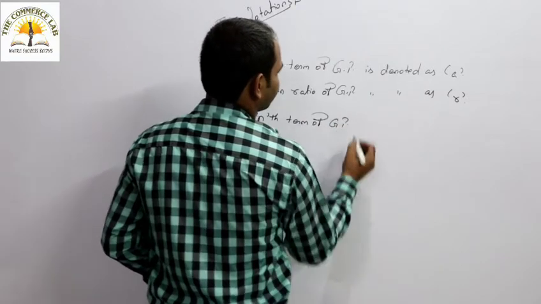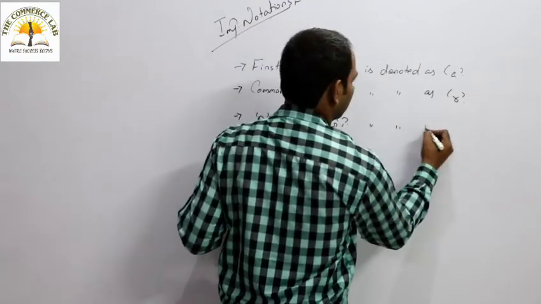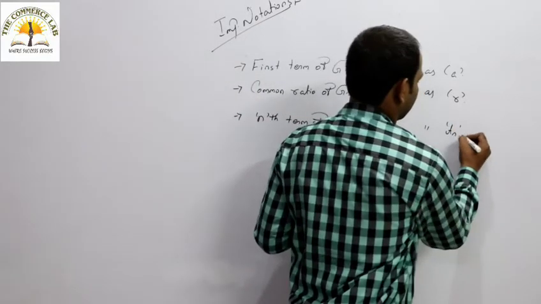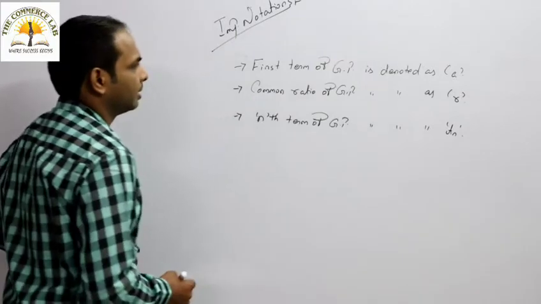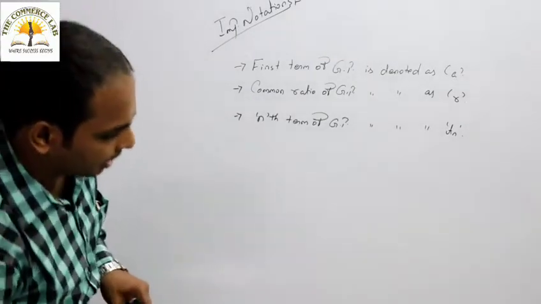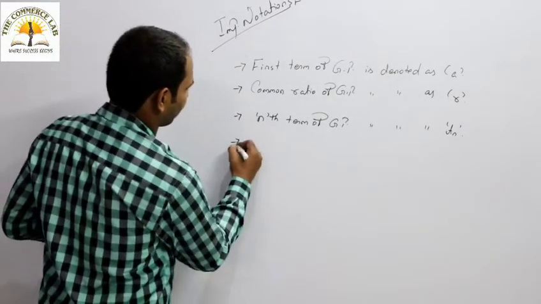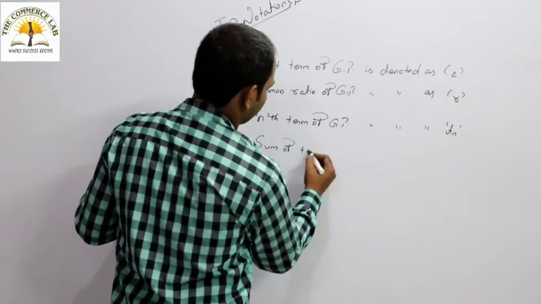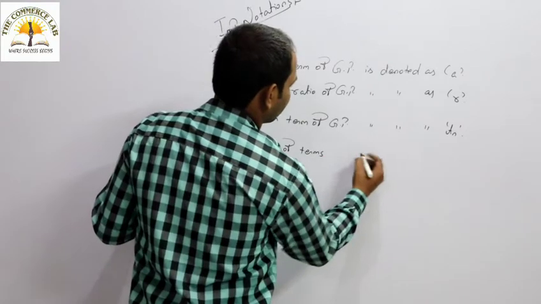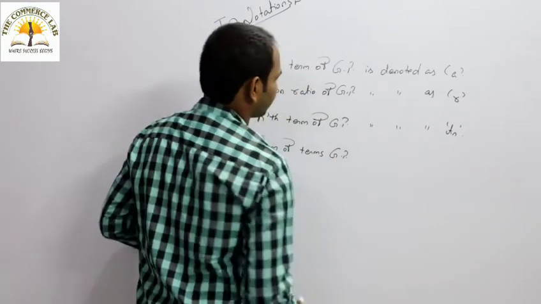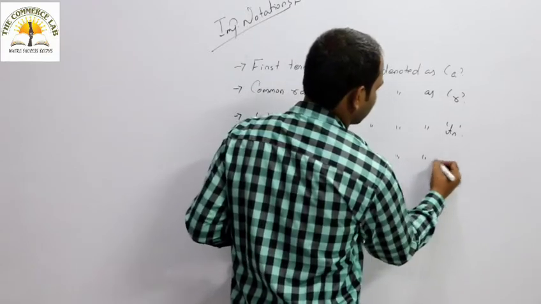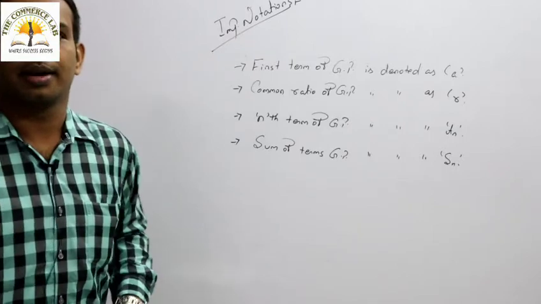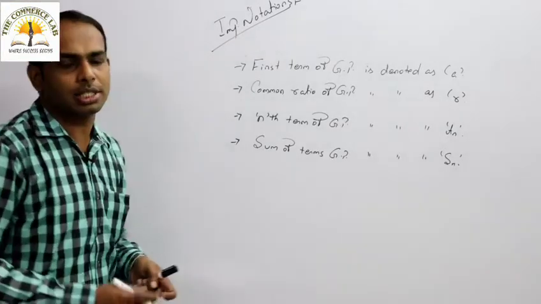The nth term of GP is denoted as Tn. The sum of n terms of GP is denoted as Sn or S. So these are the notations.